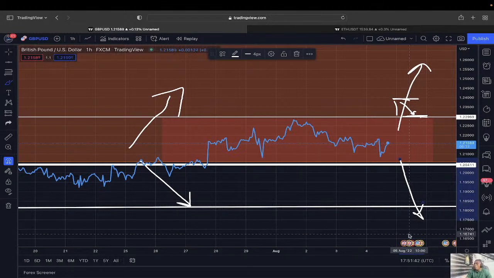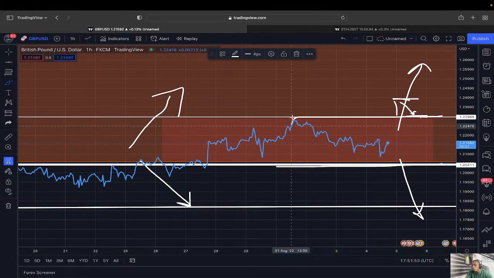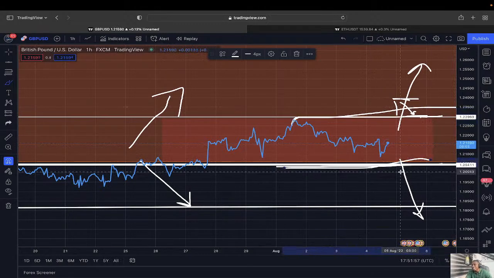But what I can tell is that you should be patient and watch out for these key levels. What happens at this resistance level and this support level determines what next you will do.